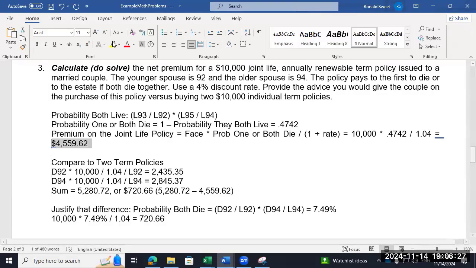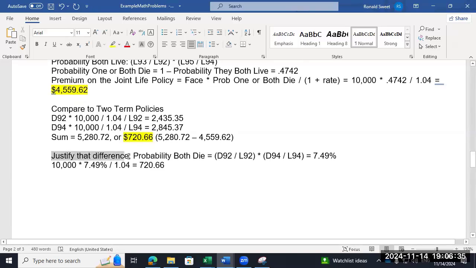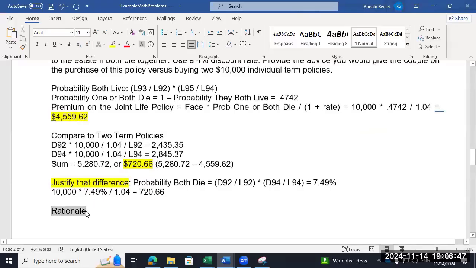Right, so you need that. You need this difference. If you can handle it, you can justify that difference. And the last thing is the rationale, or your advice, I guess is what we should say. We talked about this last class.